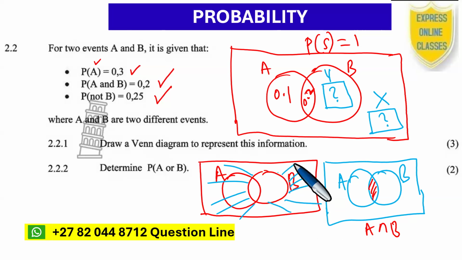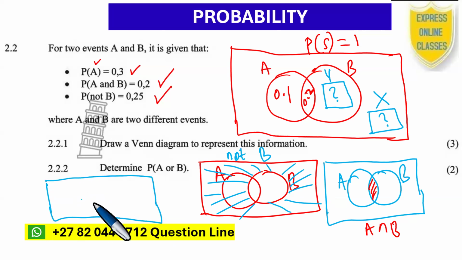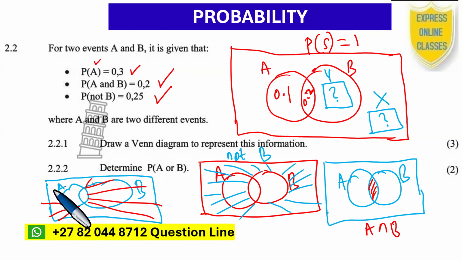We shade not B. In the same way, you shade everything outside B. So you can have this one and that one for A and for B. This would be not A. So we shade like this, but this will be not A.